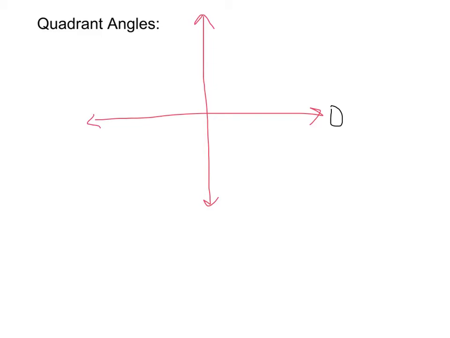So here's 0 degrees, 90 degrees, which is pi over 2, 180, which is pi, 270, which is 3 pi over 2, and then we also have 0 as our radius. And so quadrant angles mean that they fall on the axes.